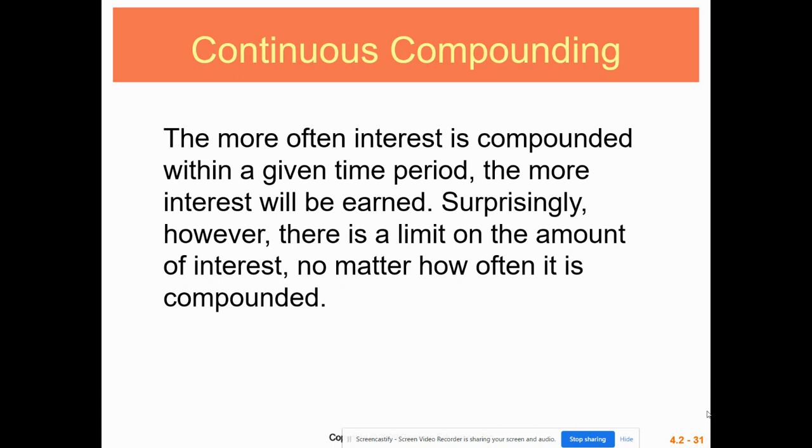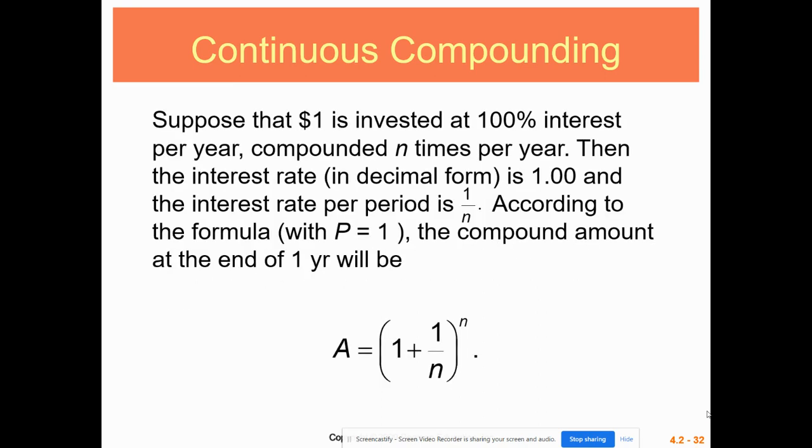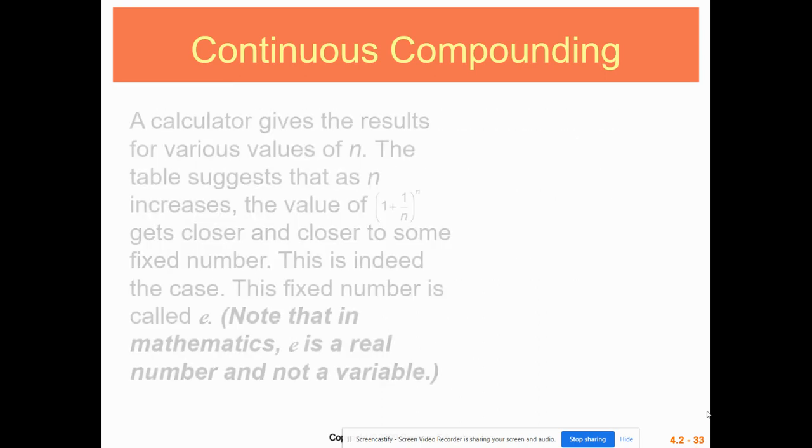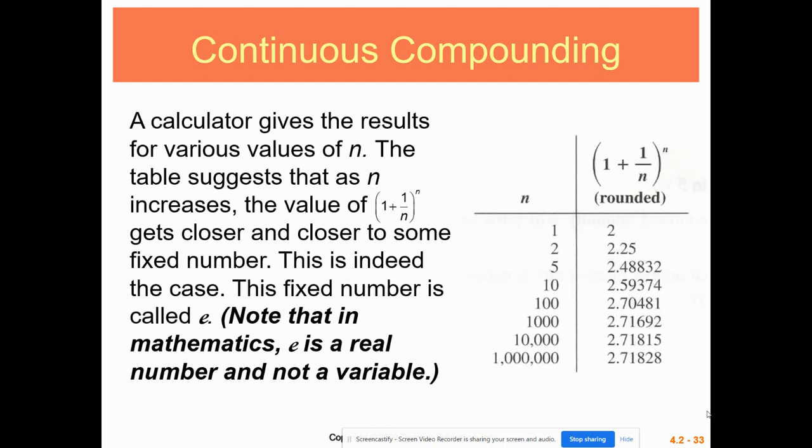Now, there's also something called continuous compounding. This is when your interest is compounded all the time. And here's how this works. If we take our original formula, A equals P times 1 plus R over N to the NT power, and we look at 1 plus 1 over N to the N power, what we see is that as N gets bigger, that value gets closer and closer to the number 2.71828.